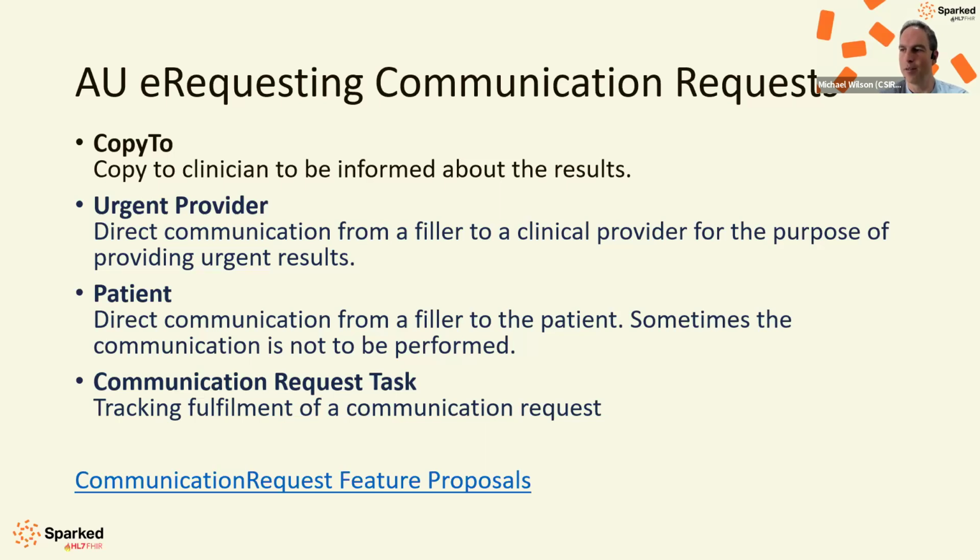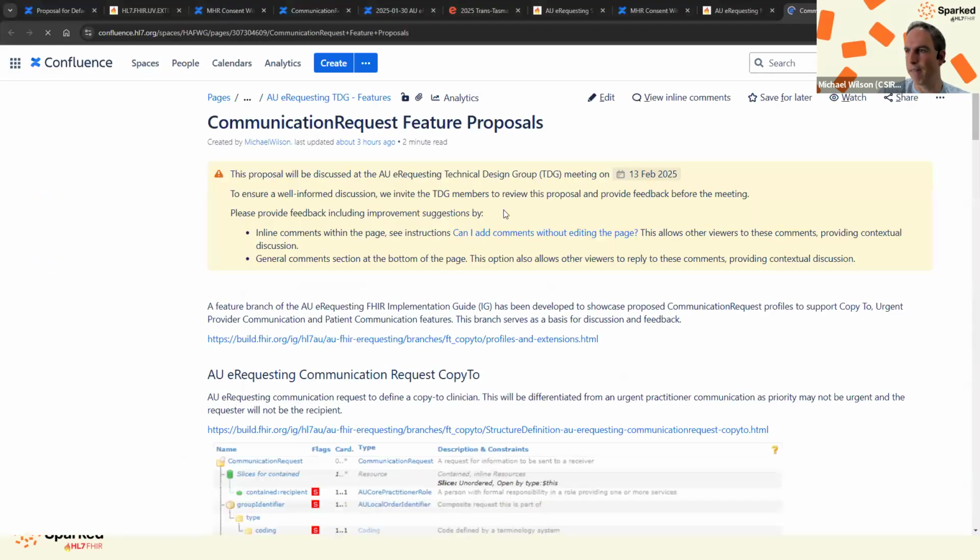Patient, so direct communication from a filler to the patient. Sometimes the communication is not to be performed. That's what Andy just spoke about. And then we've also got in there a communication request task for tracking fulfillment of a communication request. So these are covered off in that proposal. The link is in the chat.